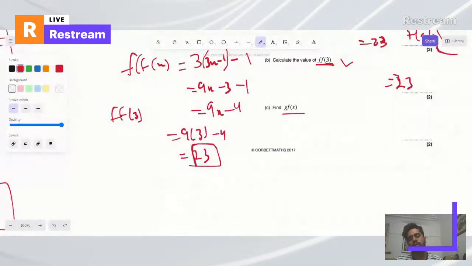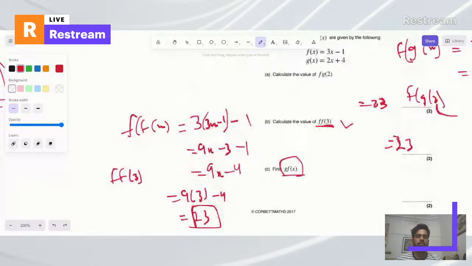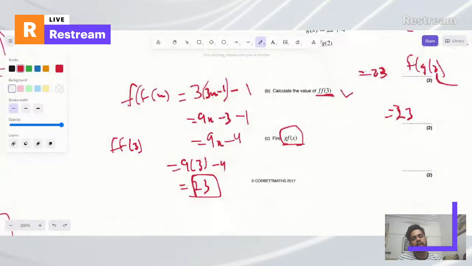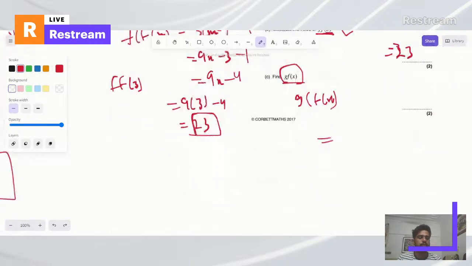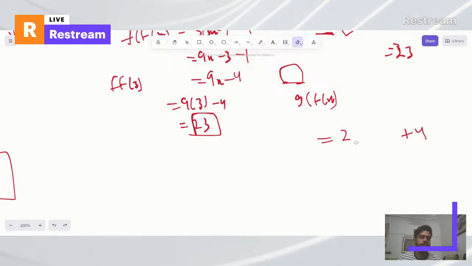And now we're going to find out gfx. To start with, the first function is g, so we write down the value of g, so g f and then x. So gx is 2x plus 4, so it's written as 2x plus 4. Now instead of x, we're going to substitute fx.